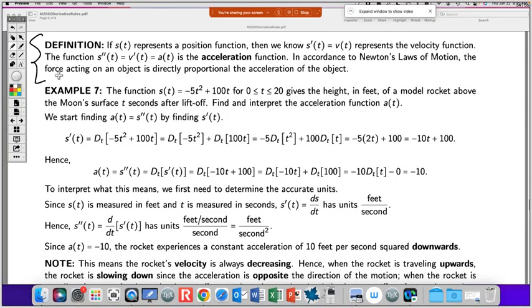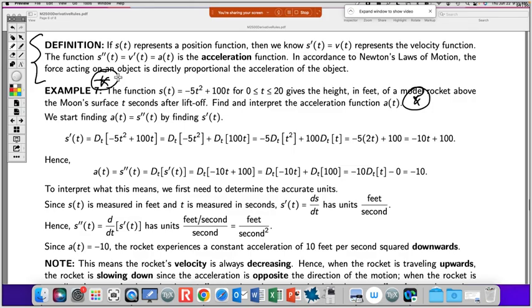So there's that example. Let's go back to example 7 here. That's the same function we had yesterday. Or maybe not yesterday, maybe the day before.